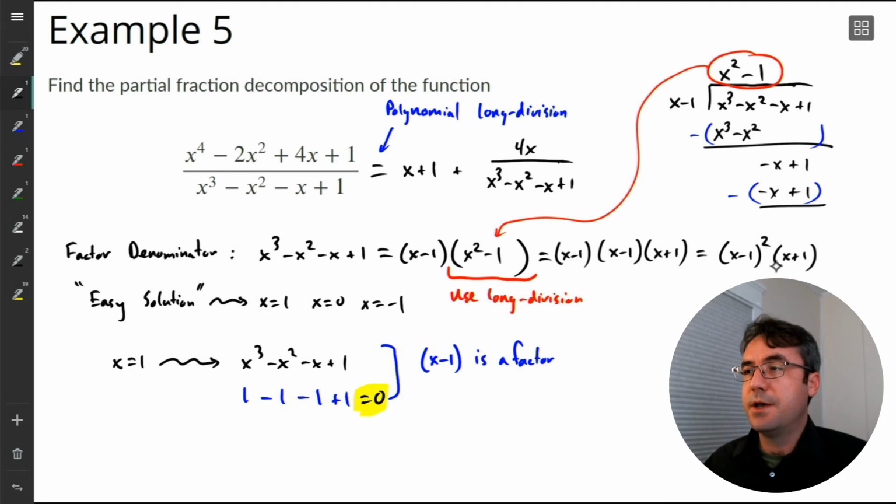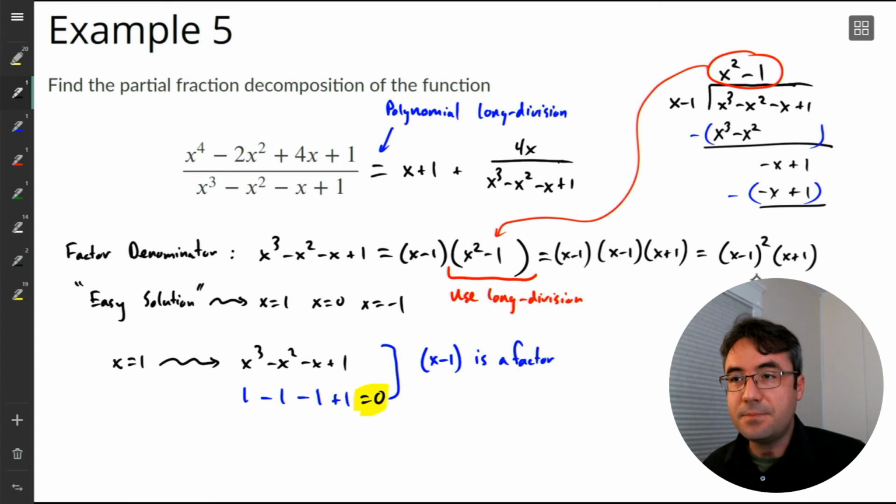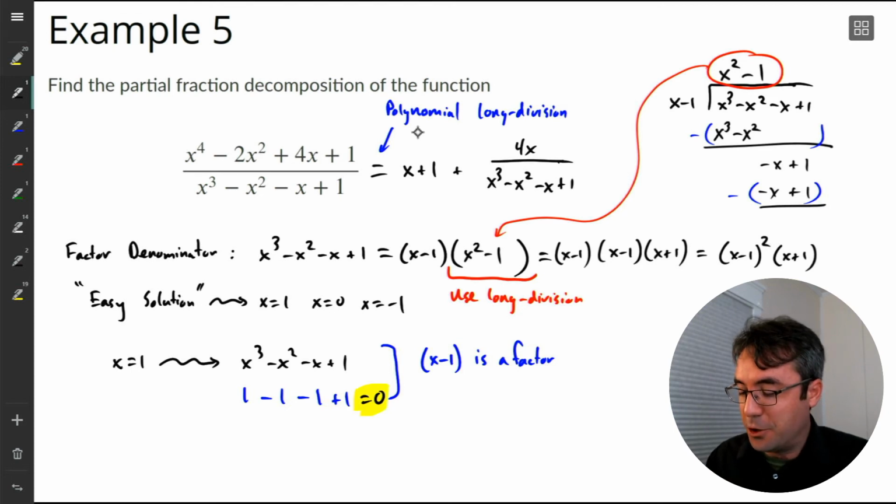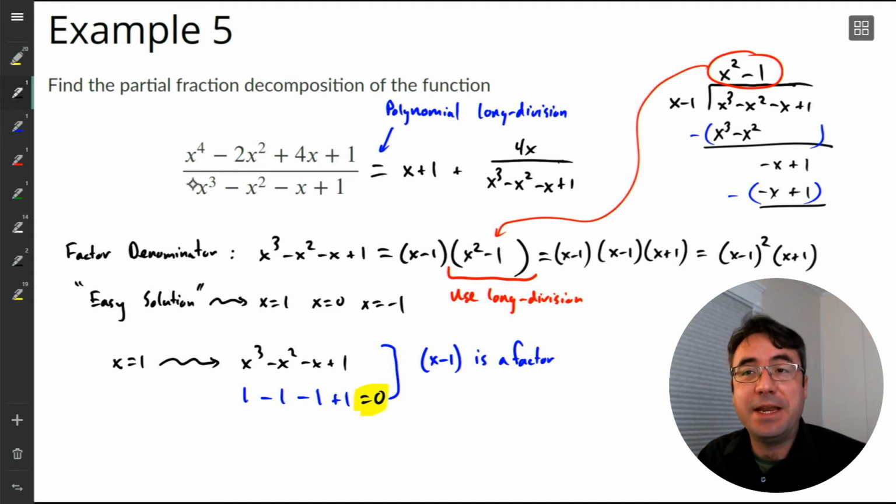All right, so we've factored our denominator. Now we're at a point. So this one is tricky because first we had to use polynomial long division to do any remaining division that could be done, to get it into a form that we can do partial fractions. The denominator wasn't a nice one to factor.